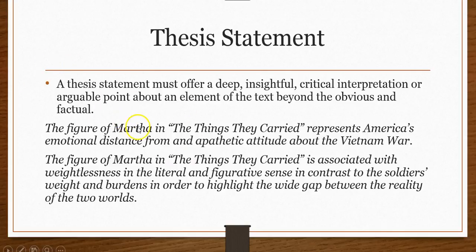And her appearance does mean something. So this critic, or this writer of the thesis statement, seems to interpret Martha's significance as some kind of a representation of America's attitude towards the war.